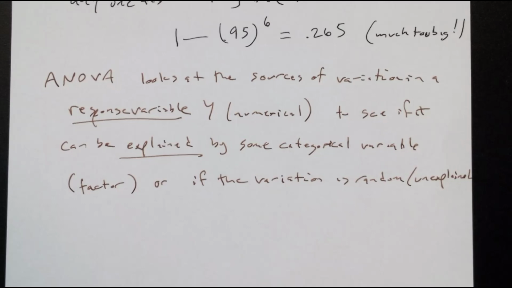So we're going to try and figure out, hey, is the variation that occurs in defect rate due to which plant we are at? But in order to do this, I need to look and see which factors have significant effect on my response variable.